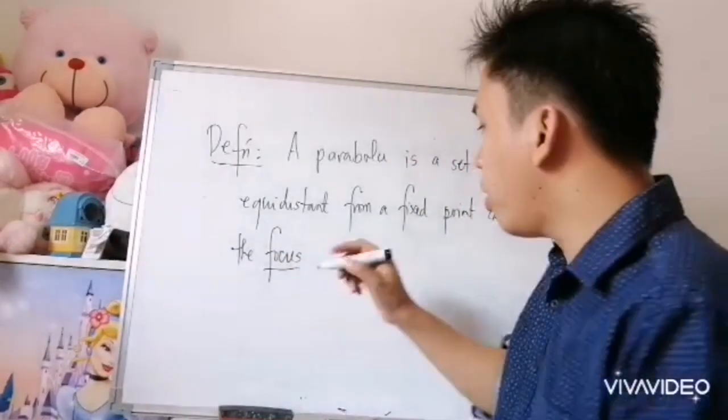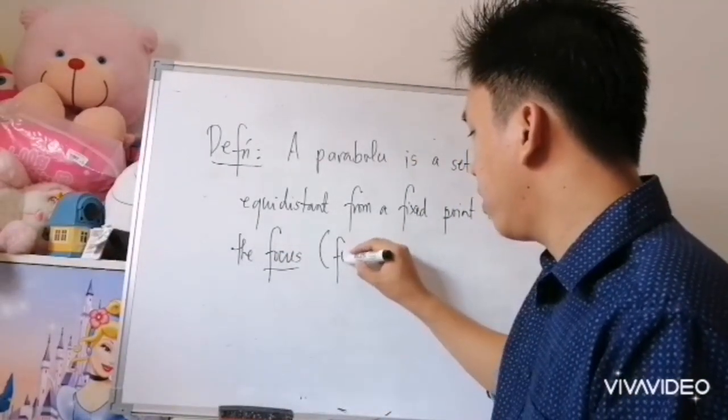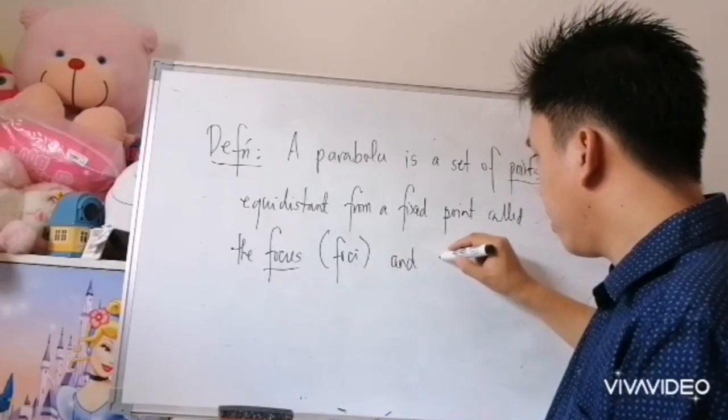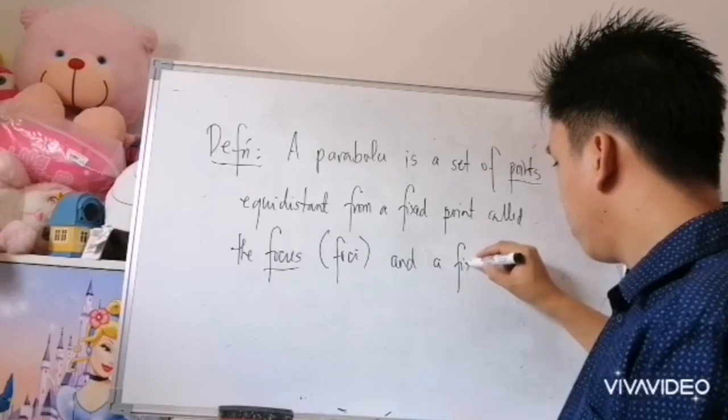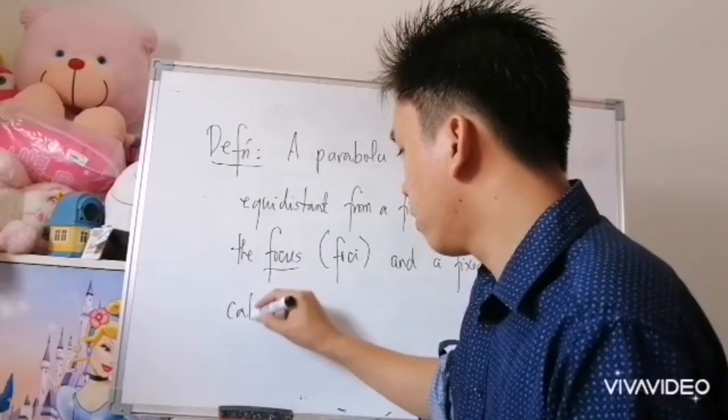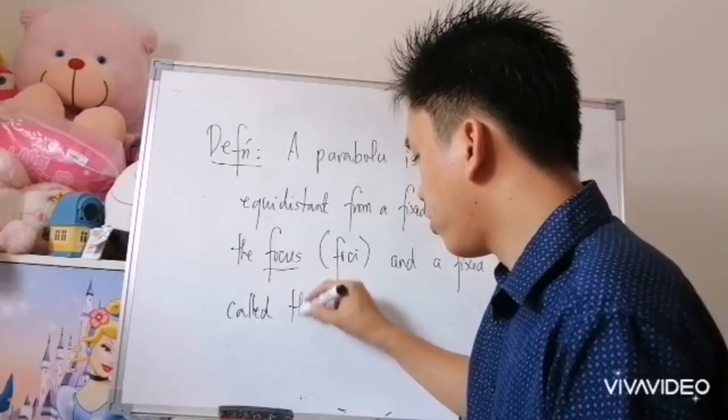In plural, we call this foci. And a fixed line called the directrix.